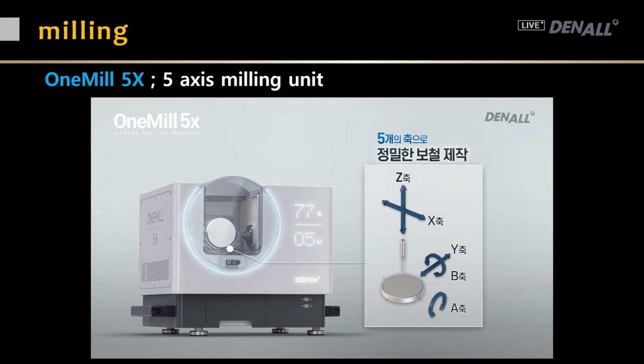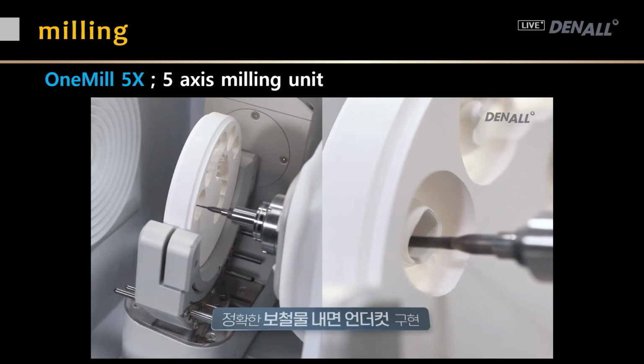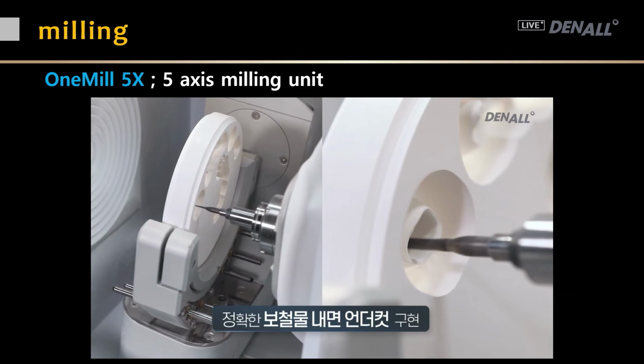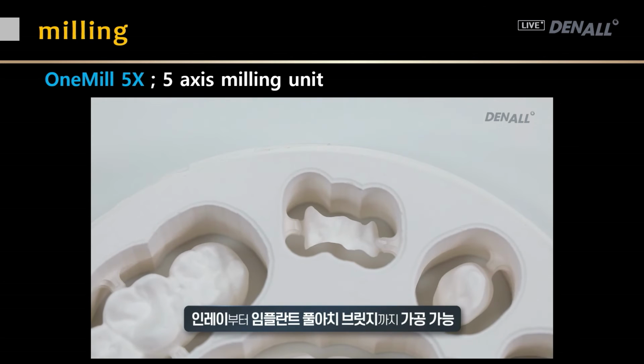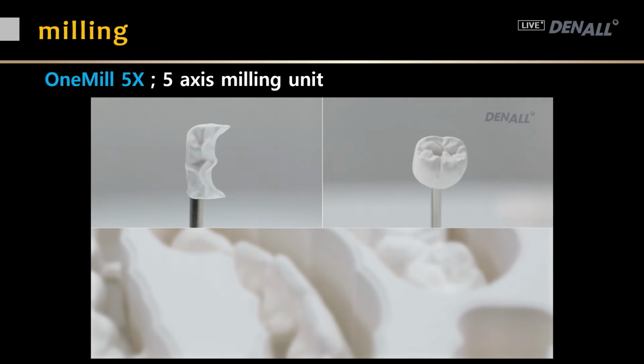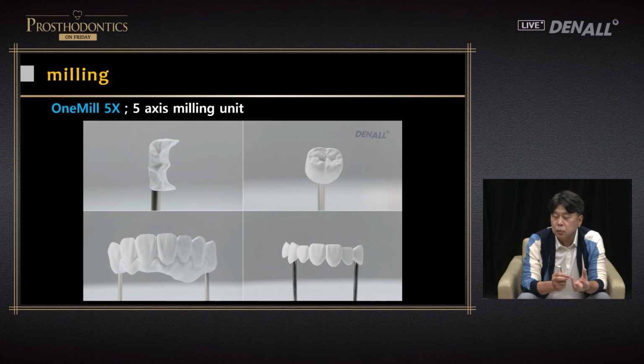It turns left to right and back and forth. So there are axes like that, X, Y, Z, A, and B. So precise prostheses can be fabricated. Inside undercuts can be fabricated. This is rather complicated, so let me skip over it. Inlay, onlay, crown, bridge, and hybrid prosthesis.